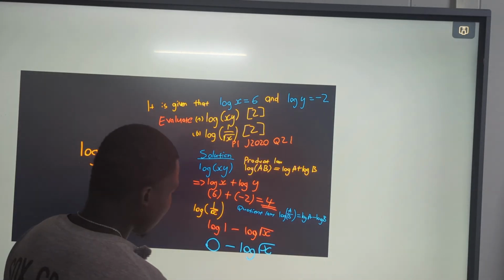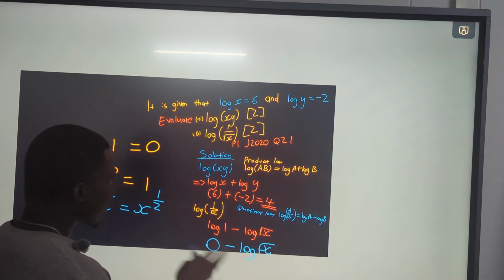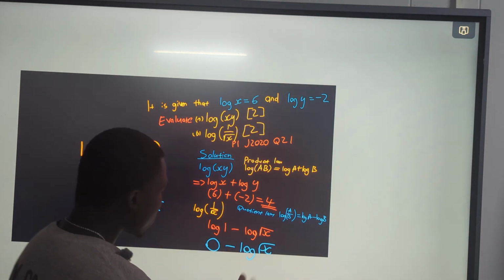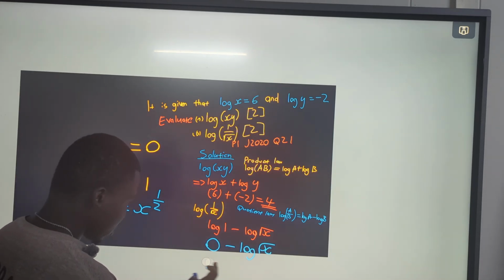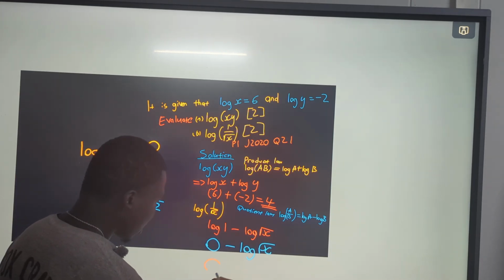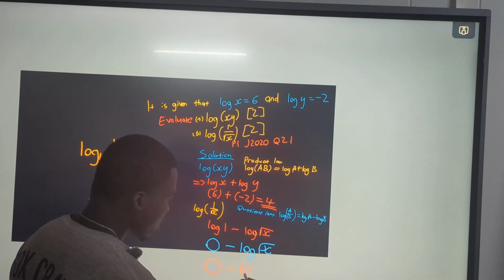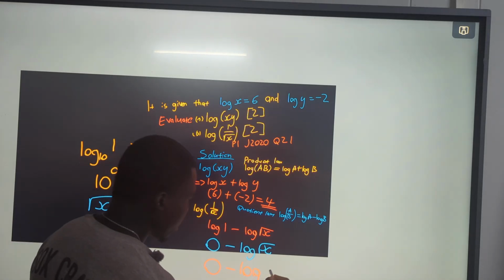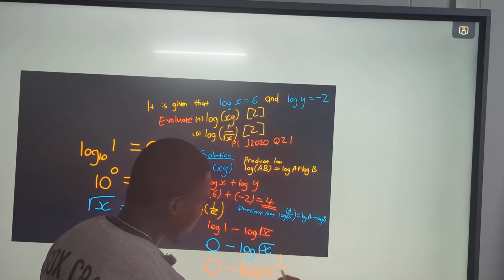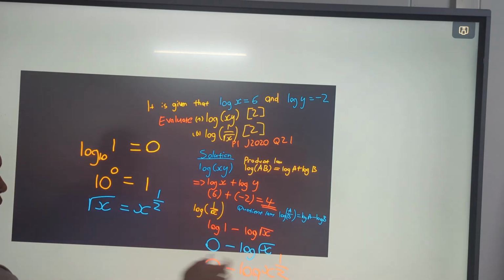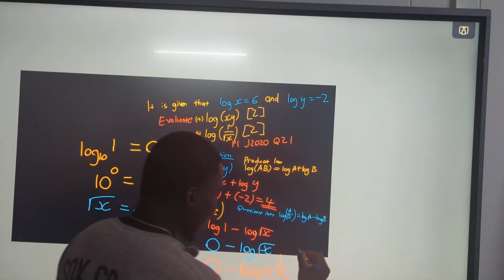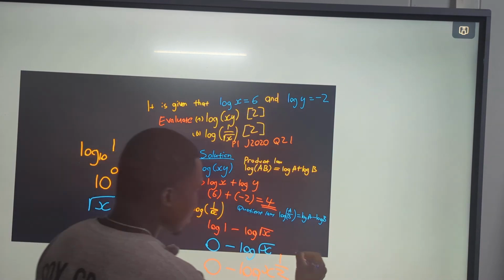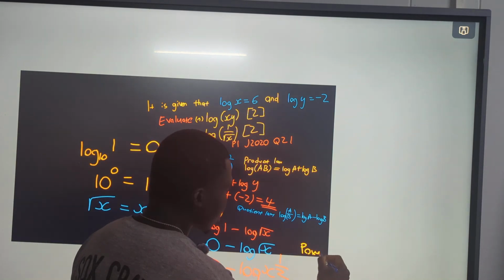In an exam we can skip some steps, but I'm doing this step by step so that you can see. So we say 0 minus log x to the power of 1 over 2. Now we need to use the power rule.